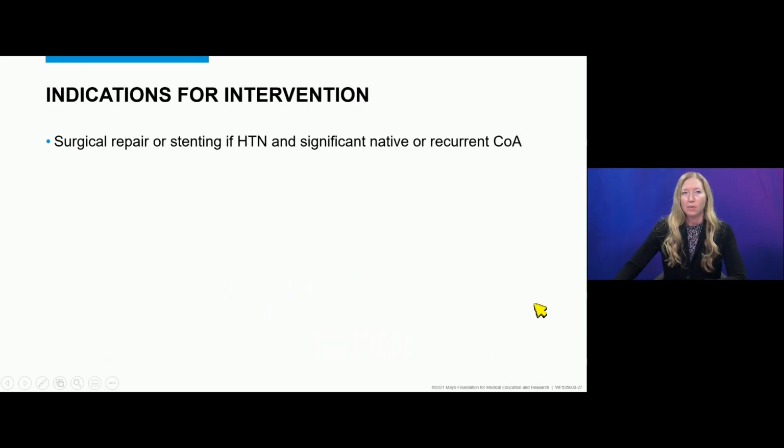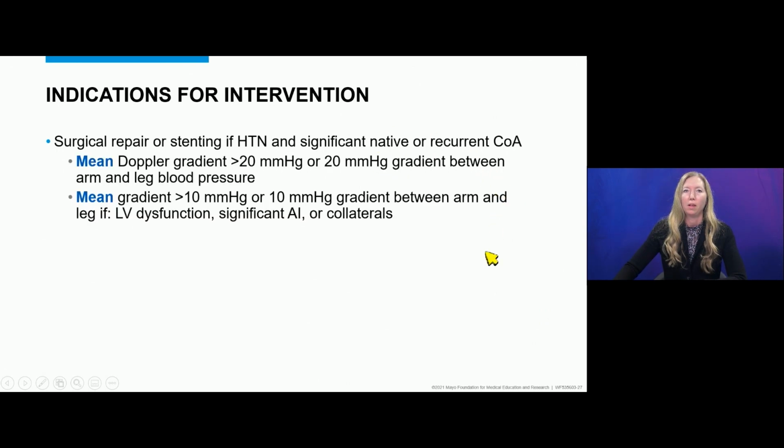When we talk about intervention, we can do either surgery or stenting if a patient has hypertension, either a native or a recurrent coarctation. And so the cutoffs we use are a mean Doppler gradient greater than 20 or an arm to leg blood pressure gradient of 20, recognizing that our gradient might be low if the patient has a lot of collaterals, which are allowing flow to bypass the coarctation, or if the patient has low output, so LV dysfunction or things like aortic valve disease.